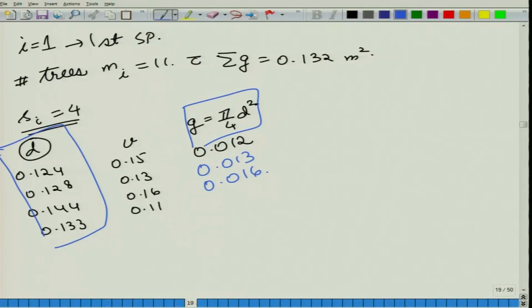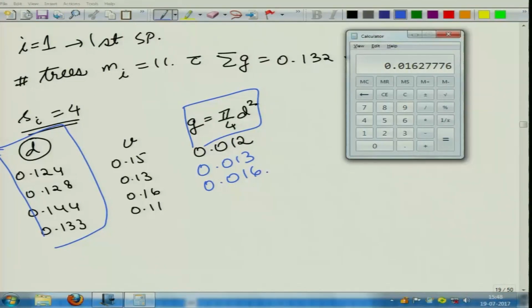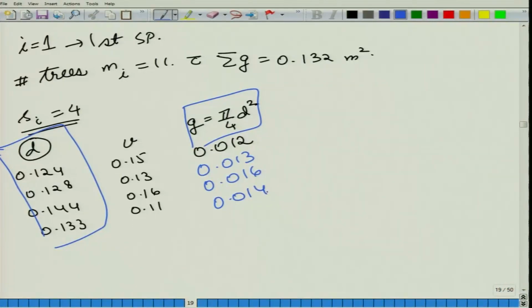And for the fourth one, that is 0.133, we have 3.14 by 4 into 0.133 into 0.133, that is 0.014 by rounding it off. So, that is the basal area for all of these 4 trees.